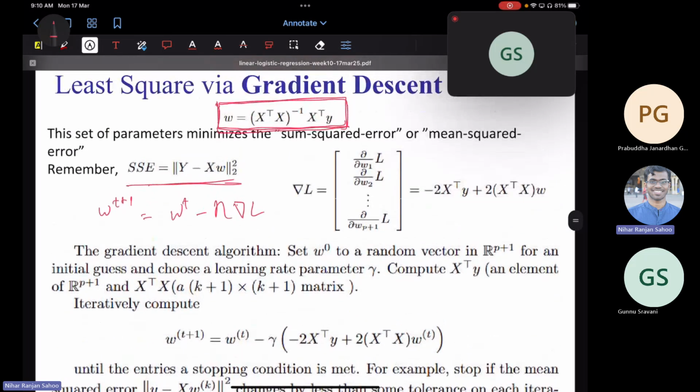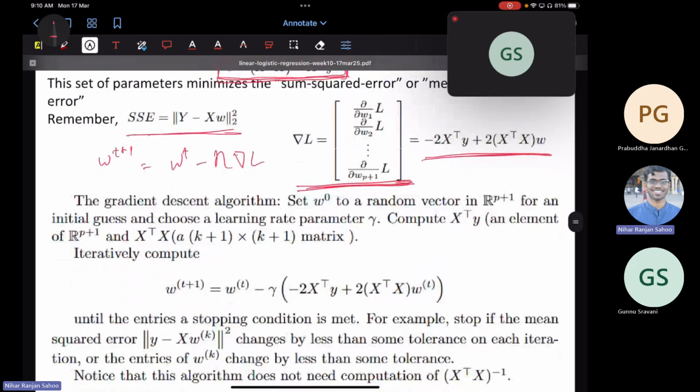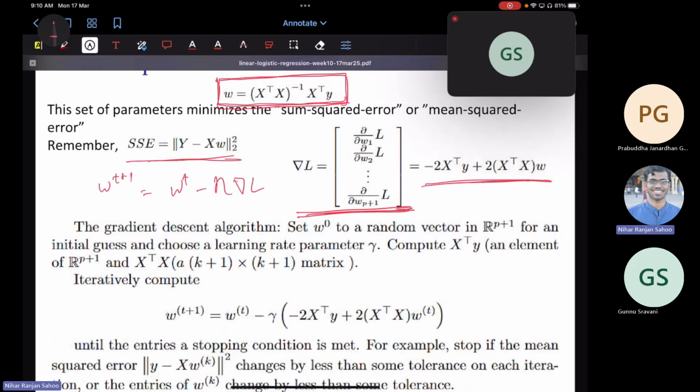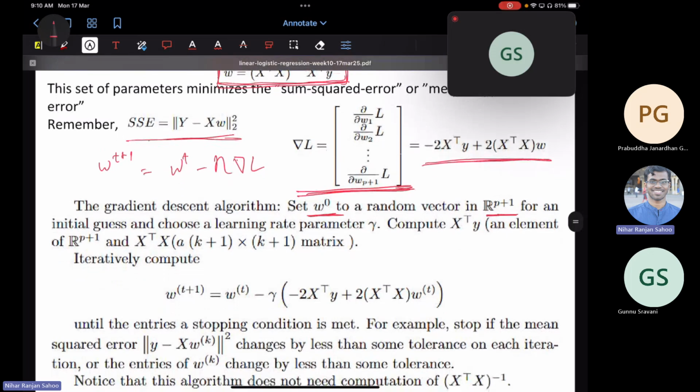So for that, we have to compute this delta L. We already computed delta L during the Jacobian process, but I am just rewriting it here. You can start with any random W, which will be a p plus one dimensional vector because we have the bias term also. Now we have to compute the first term, x transpose y, which is a p-dimensional vector.